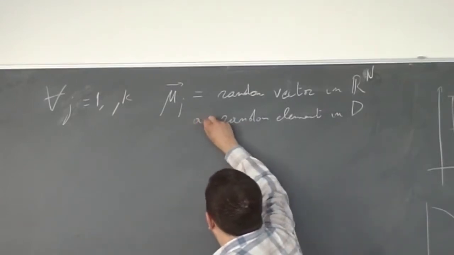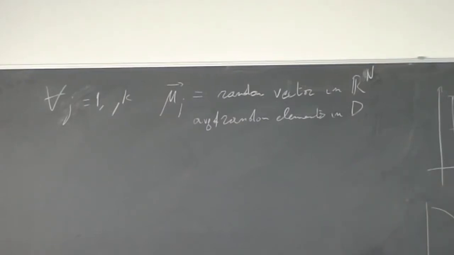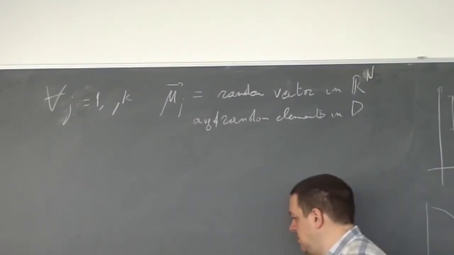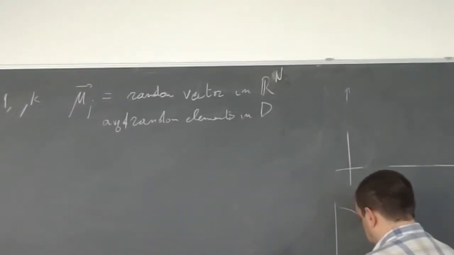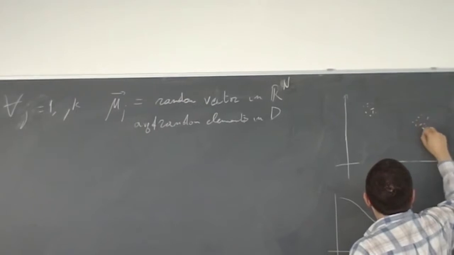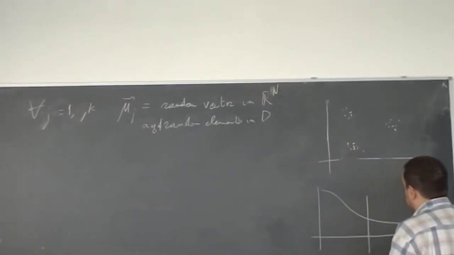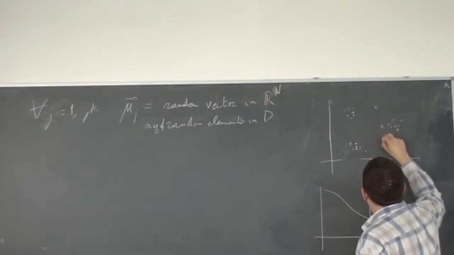Or the average of random elements in our set. Anyway, let's start with an arbitrary random distribution of our k representatives. Say one is here, and the other is here.